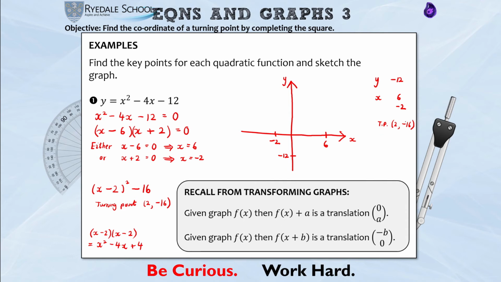And then the other value that I'm going to need is my turning point, which is 2 and -16, which I'll pop there. Now I'm going to plot these as points. So that one and that one, where it crosses the x-axis. That one is where it crosses the y-axis. And that one needs to be my turning point.